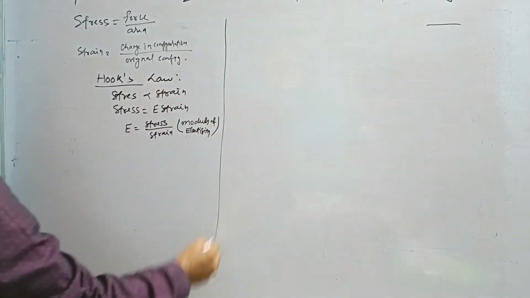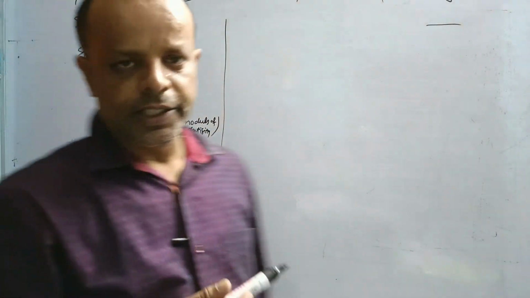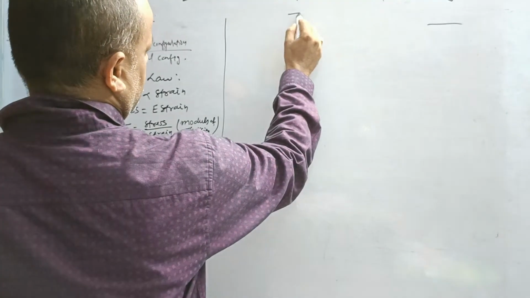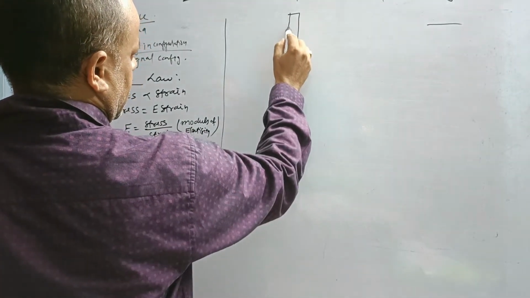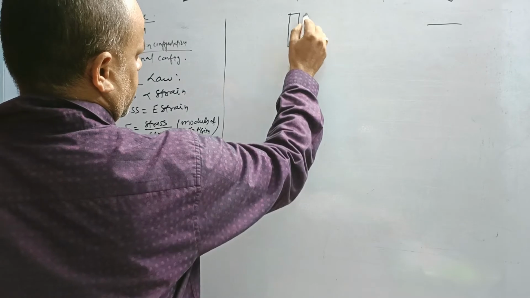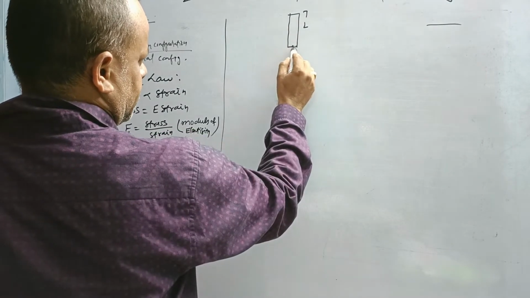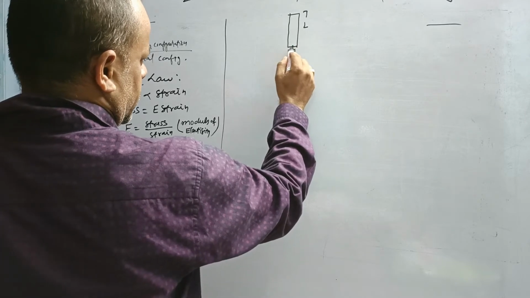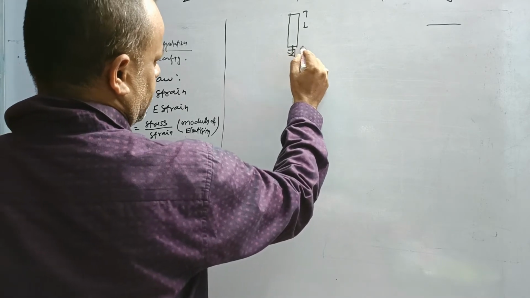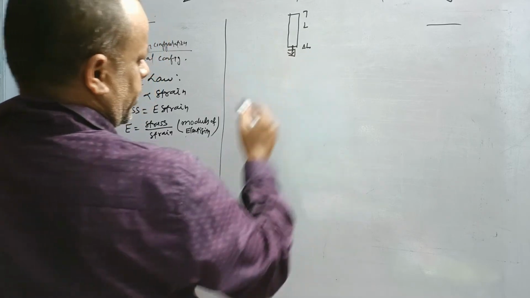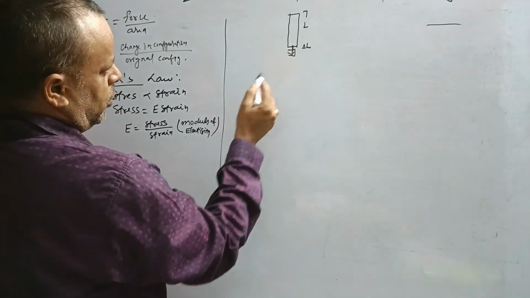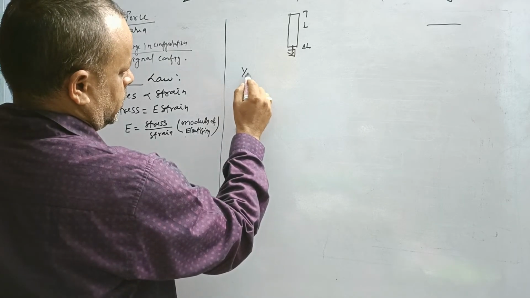When this elasticity is related to length, suppose we have a wire of length L, and we suspend a certain load on it. What will it result in? If a certain load is applied to it, there will be a change in the length of the body, and the modulus related here is Young's modulus.